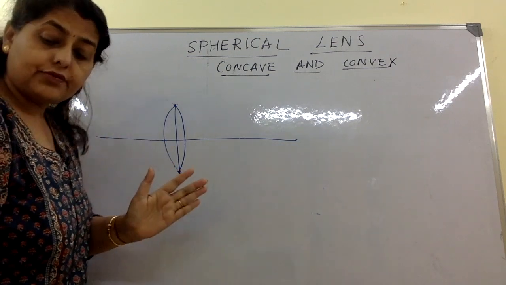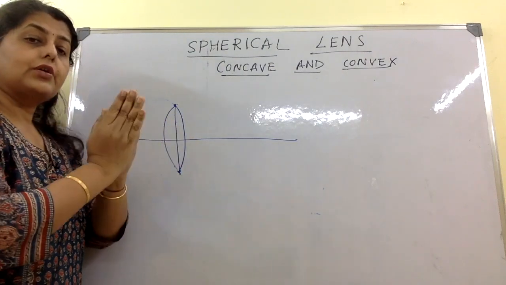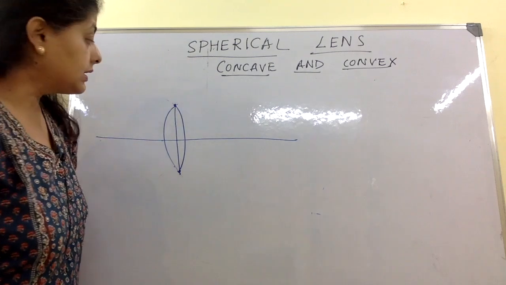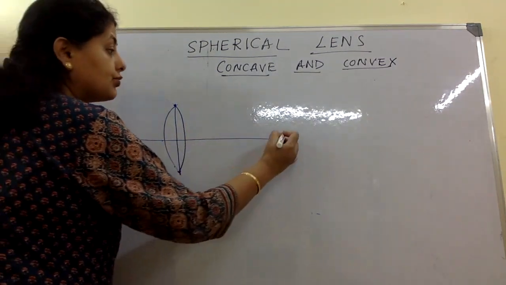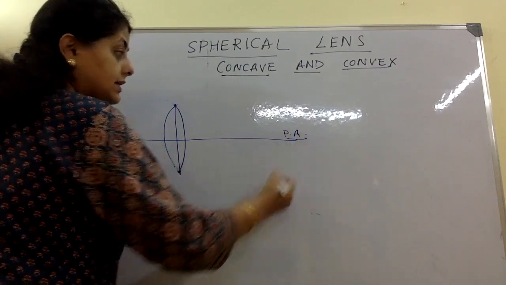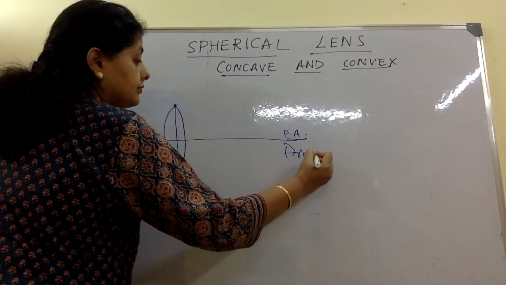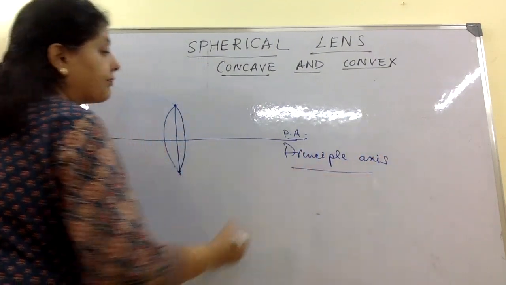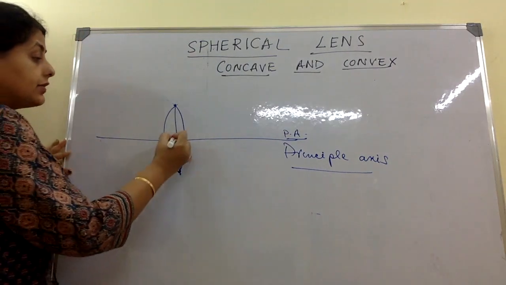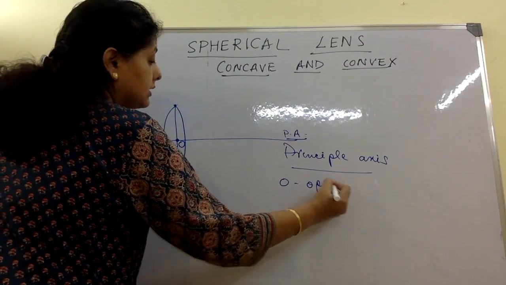It's like kind of, I can say it's like the palm of my hand. Okay, you see how it is. Okay, so that is a lens. Now this line which is passing through the center is called the principal axis. You already know it. Okay, now here we have the O. O is the optical center.